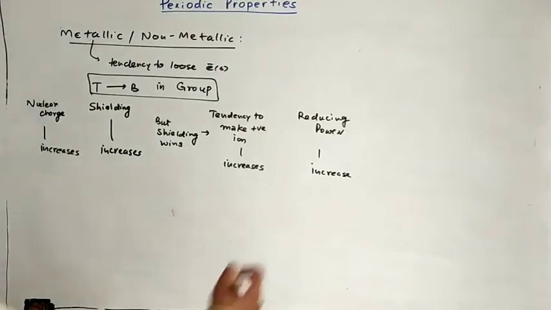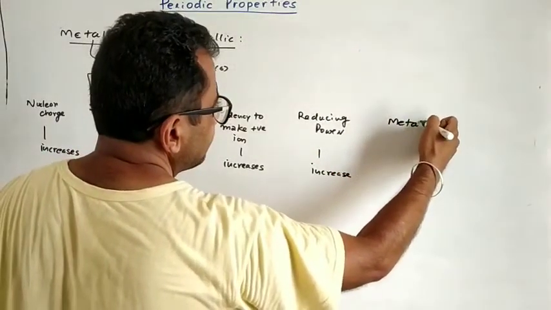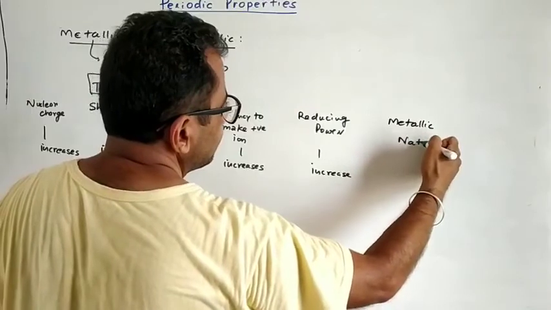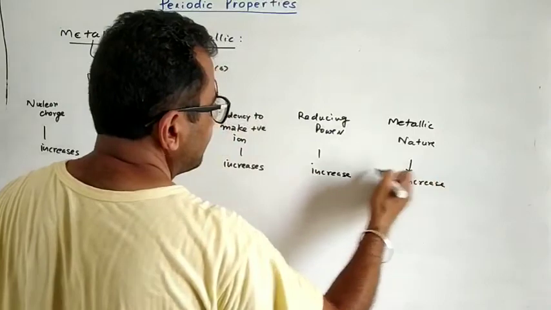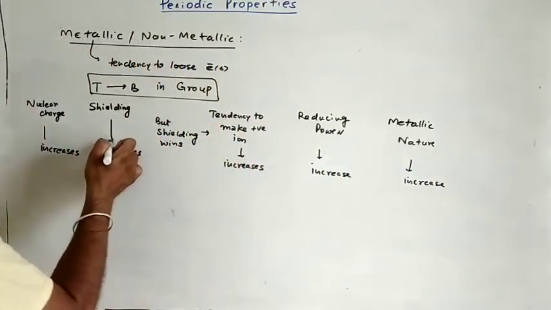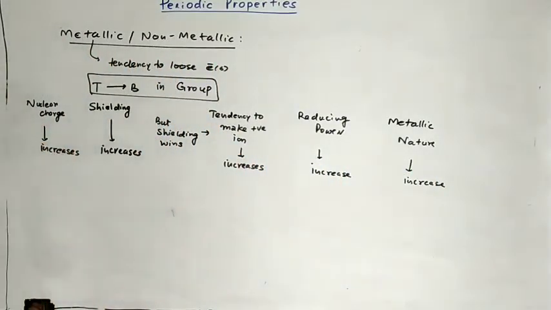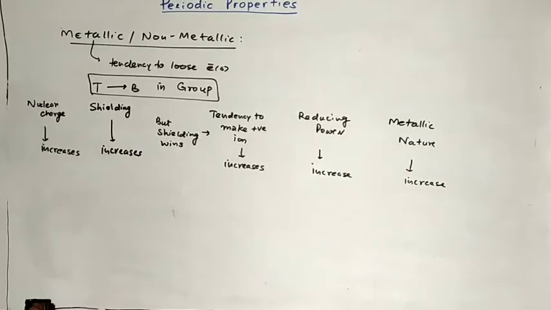And metallic nature increases. So when we move from top to bottom, nuclear charge increases, shielding also increases, but the shielding effect dominates, because of which size increases. If size increases, the tendency to make positive ion increases, reducing power increases and metallic character also increases.